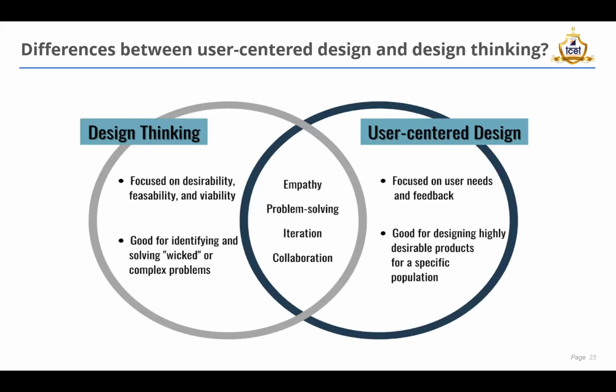Then we looked into the traditional user-centered design and design thinking, what is common and what is not. Both have empathy, problem solving, iteration, and collaboration in common, but the focus is different. And finally, the outcome also turns out to be different.